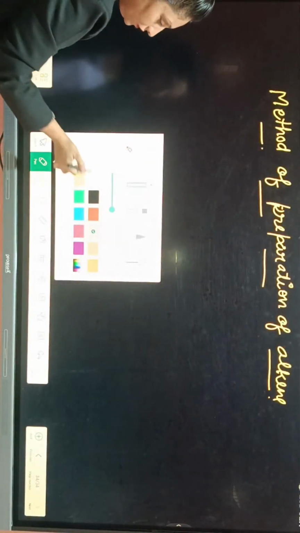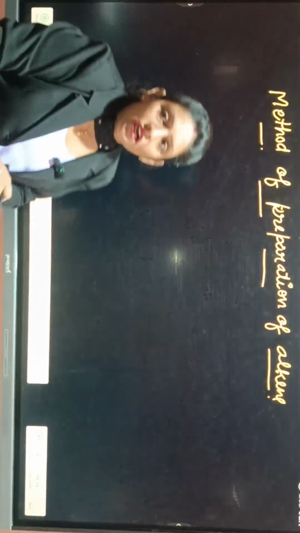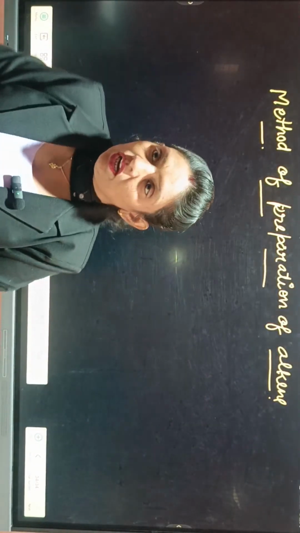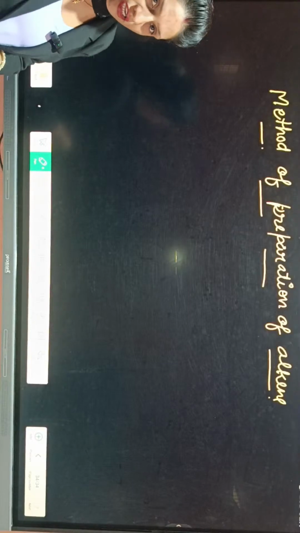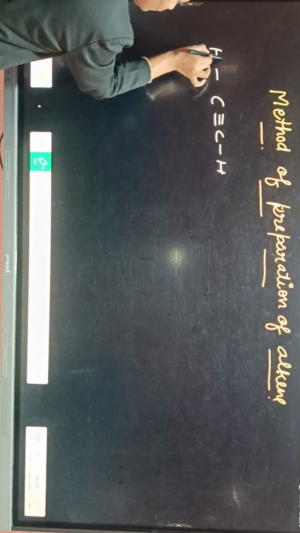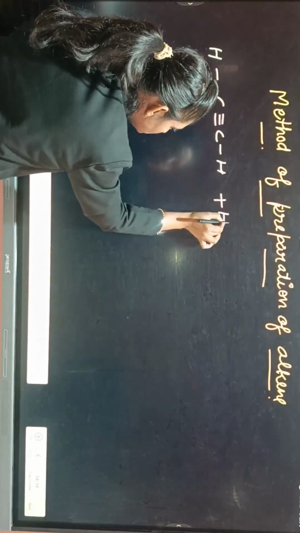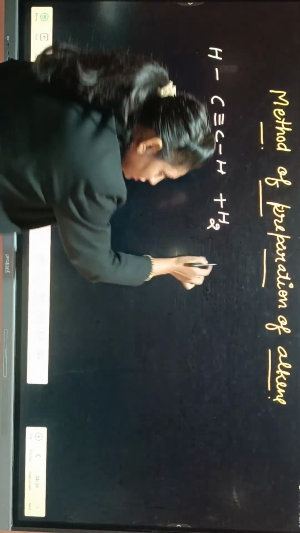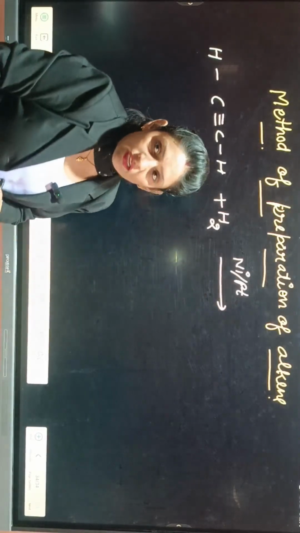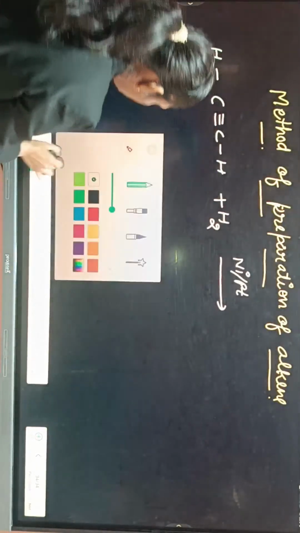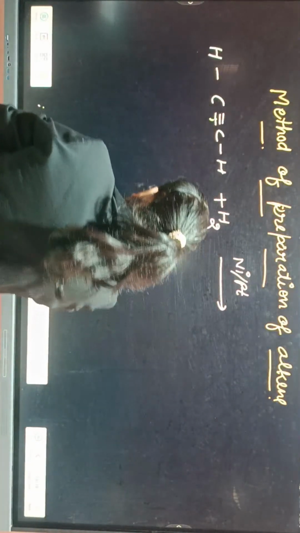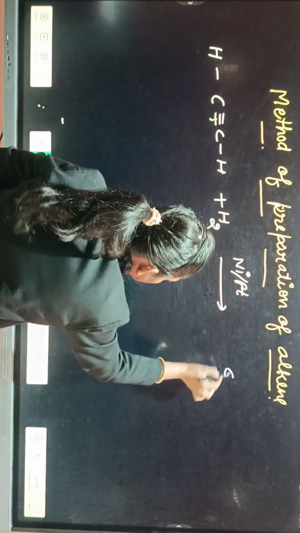The first method we already discussed, by hydrogenation of alkyne. If we do hydrogenation, meaning addition of hydrogen in the presence of a catalyst, nickel, platinum or palladium, then first one bond will break and we give one hydrogen to both carbons.